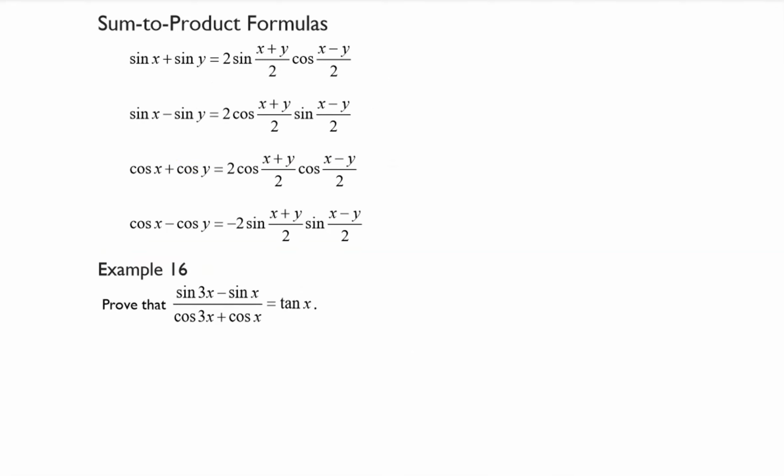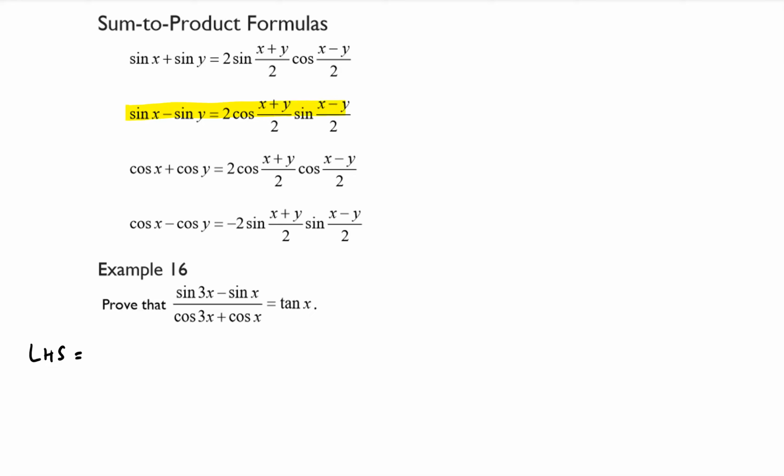So example 16 says, prove that sine of 3x minus sine of x all over cosine of 3x plus cosine of x is equal to tangent of x. And I am definitely going to be starting with the left-hand side. If you look at the list above, we have sine of something minus sine of something.